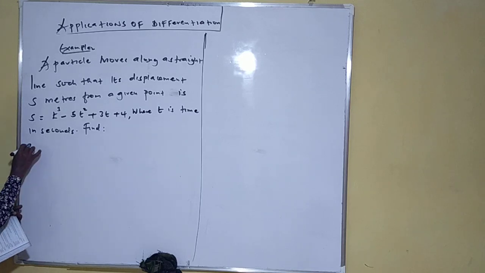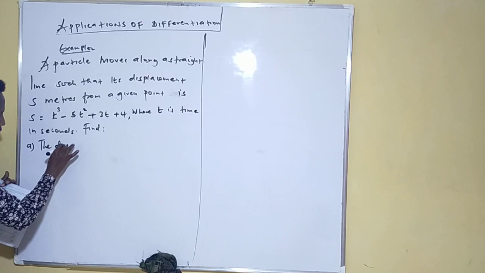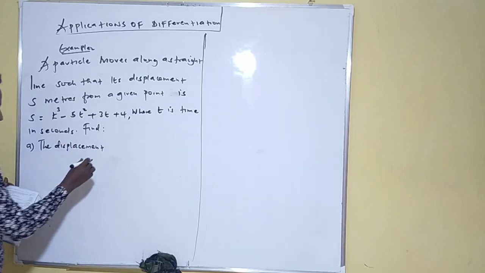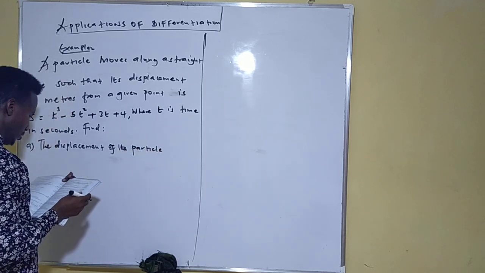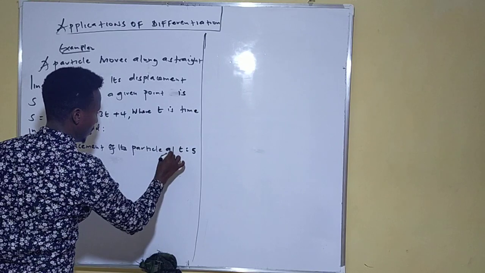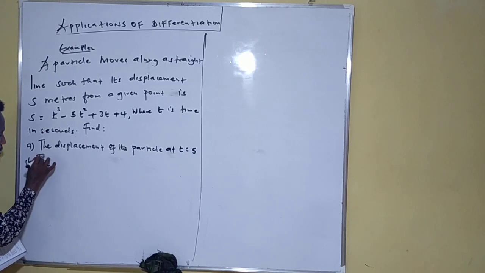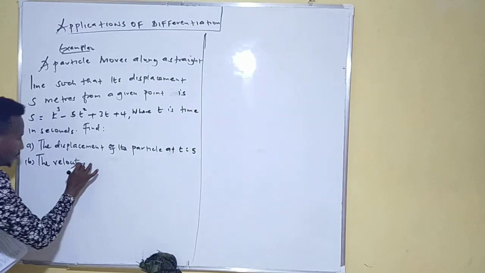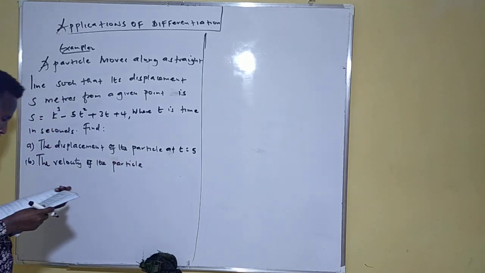Question A. This question was there in KCSE of 2006. The displacement of the particle at t is equal to 5. Question B, the velocity of the particle when t is equal to 5.